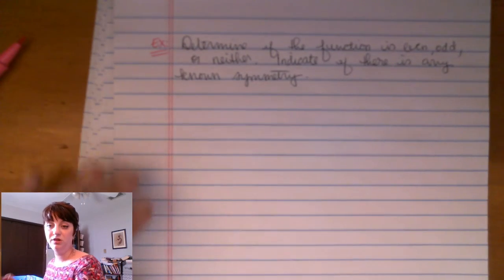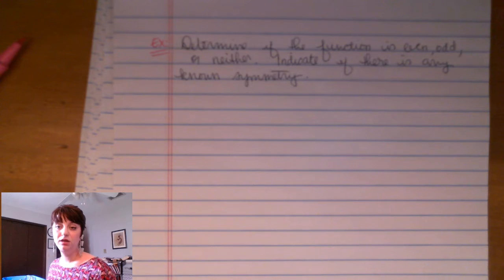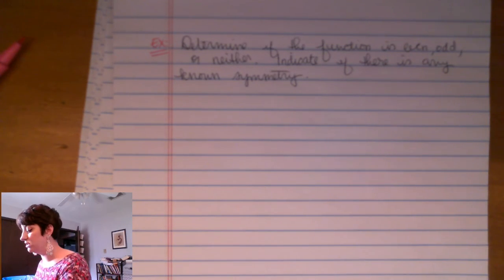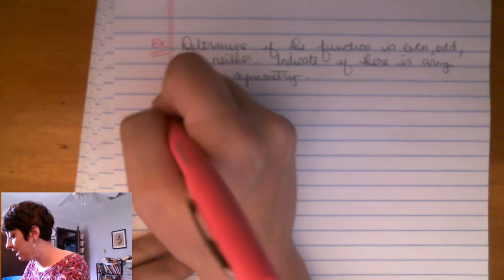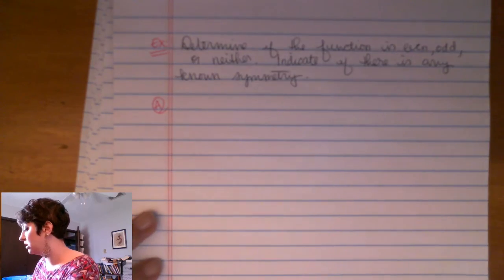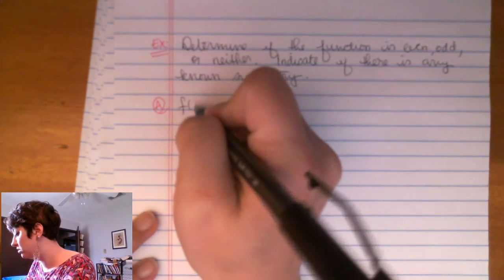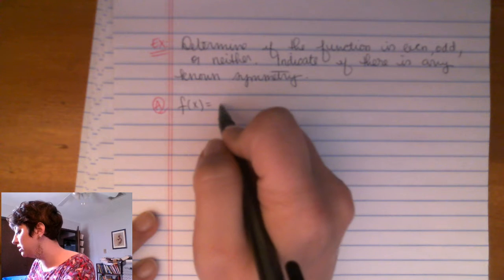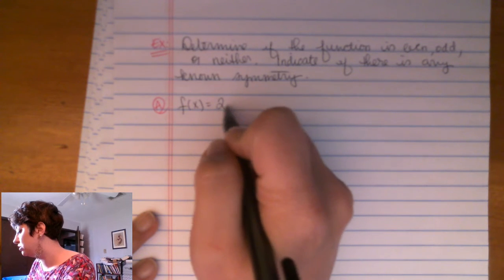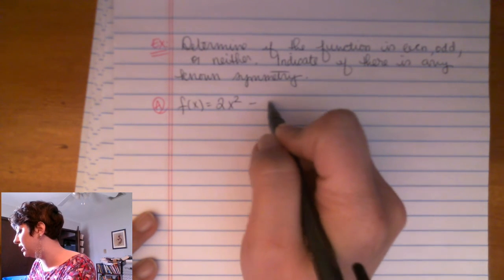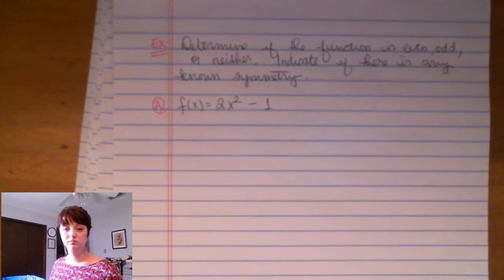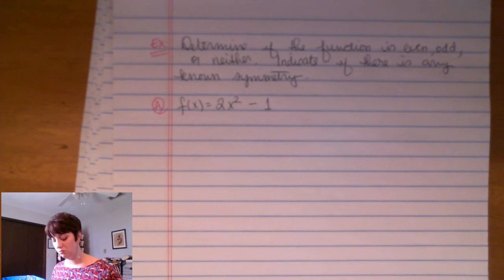All right, determine if a function is even, odd, or neither. Indicate if there's any known symmetry. So for A, let's do f of x is 2x squared minus 1.